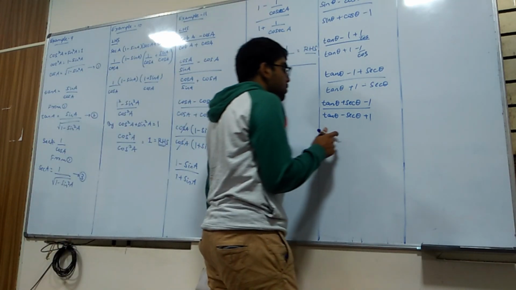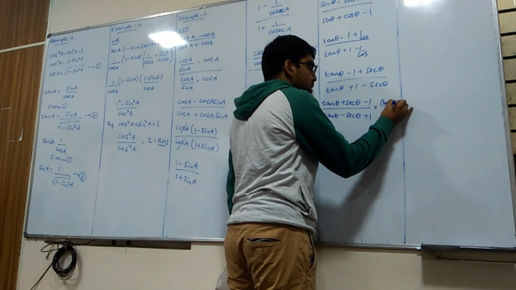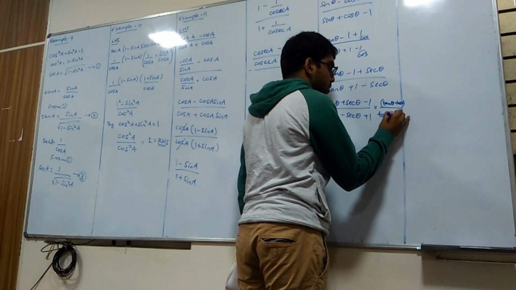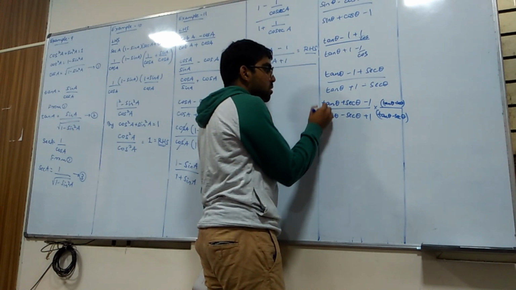So I will multiply and divide by tan theta minus secant theta. What happens to the numerator?